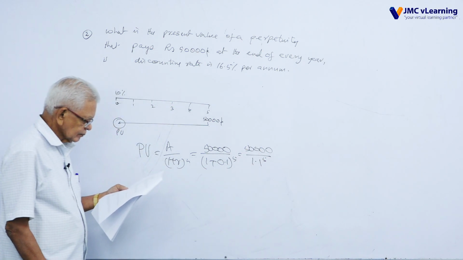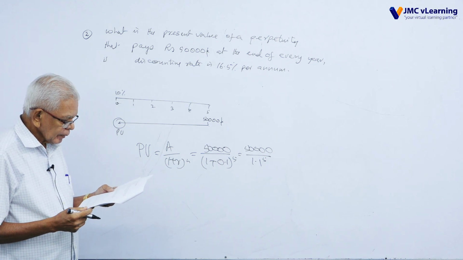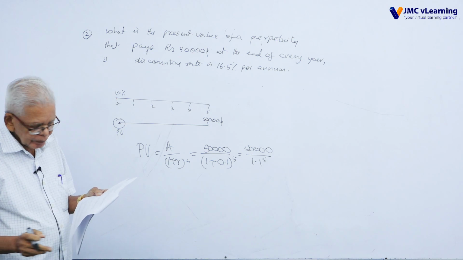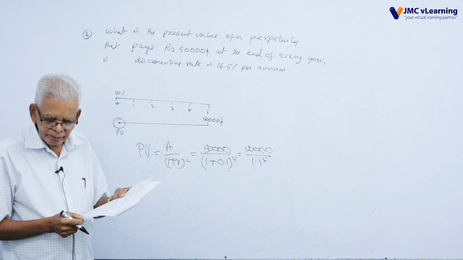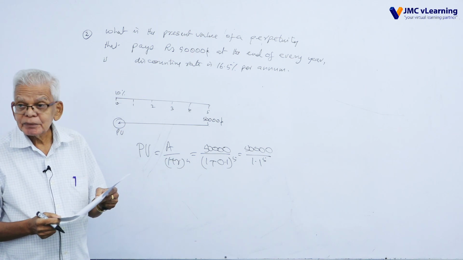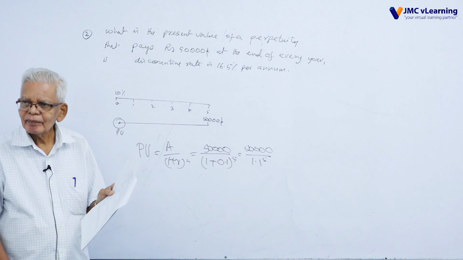Calculate and see. 31,046. What did you do? 50,000 over 1.1 to the power 5. Okay, 31,046. Yes, that is the answer.